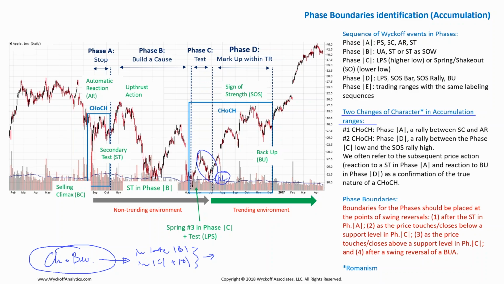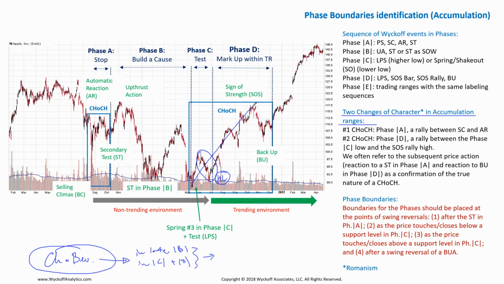It's not necessarily a change of structure, because a change of character is a change of structure. But a change of behavior is not necessarily a change of structure per se, where we are confirming the sequence between the best rally and the best reaction, right?